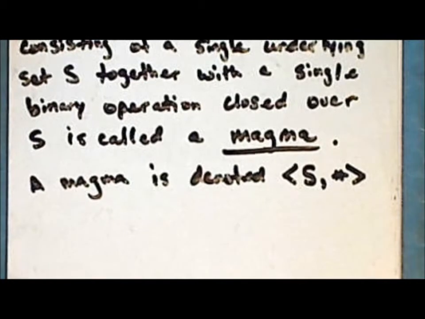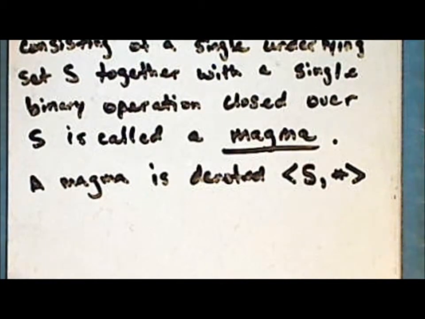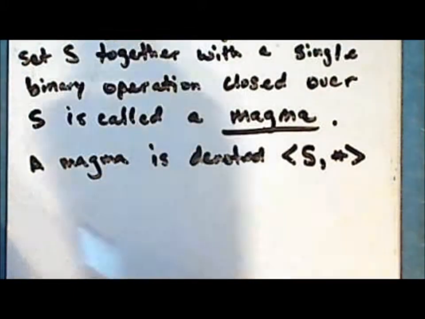So in order to demonstrate that a given set together with an operation is a magma, we must demonstrate that the set is closed under that operation. So we'll look at several examples.